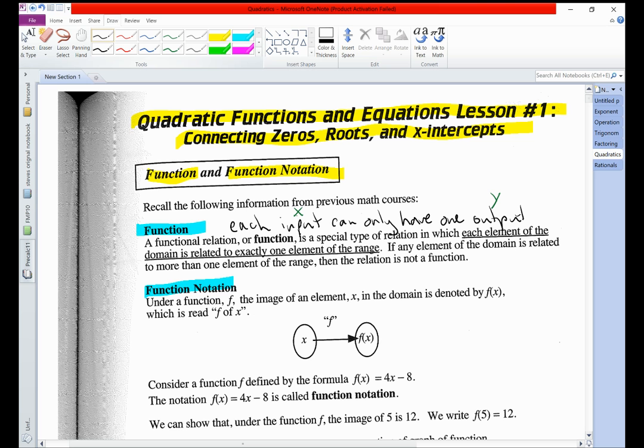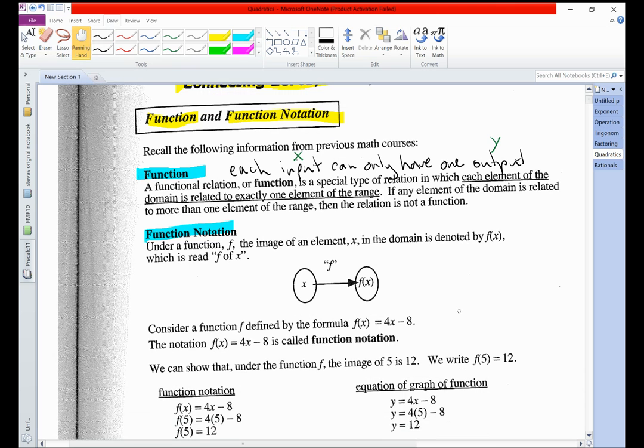We also look at function notation. Function notation is where we use this f of x notation. So if we had an example of an equation that was y is equal to 2x plus 3, this is an equation in two variables. We have an x and a y. Well, we could write that as function notation.